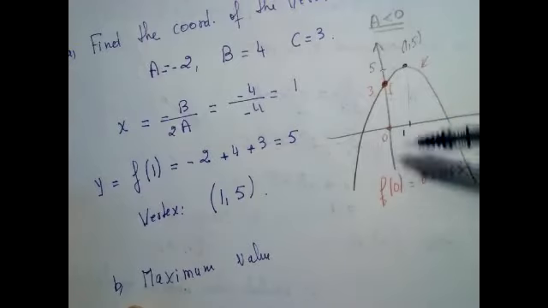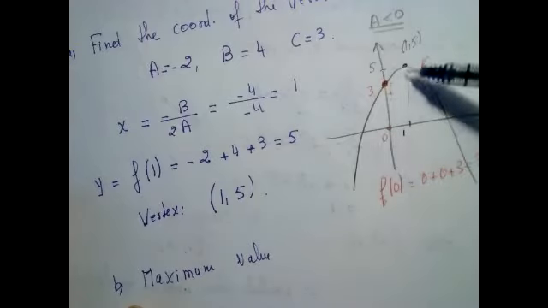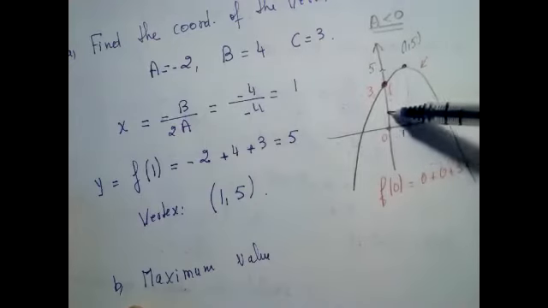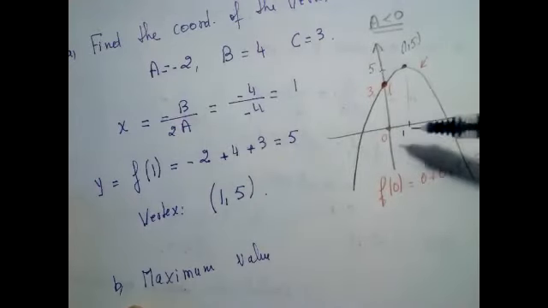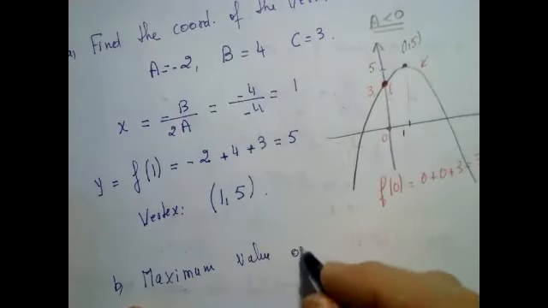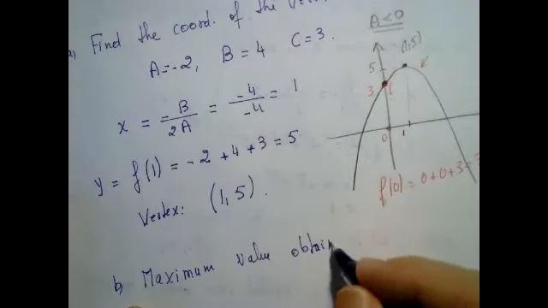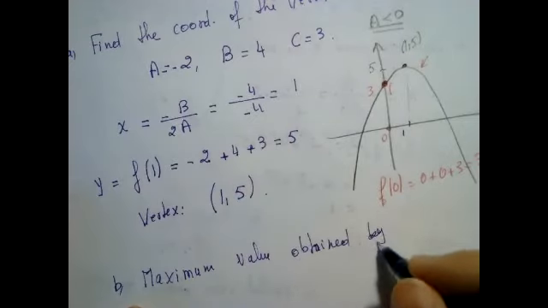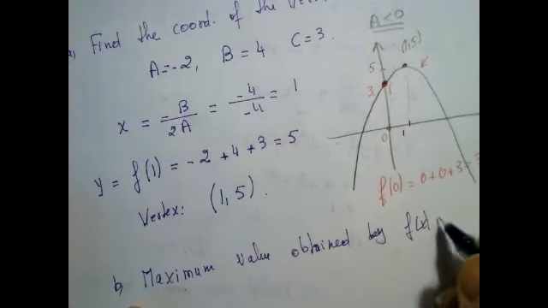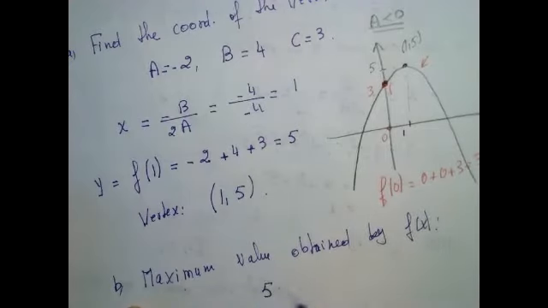It means the output takes a lot of values. It takes the value 0, 1, 2, 3, minus 1. What's the maximum value? The maximum value is exactly 5. So that's the largest value the function obtained.